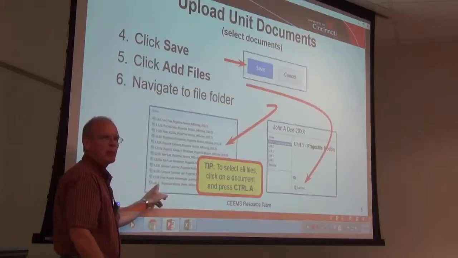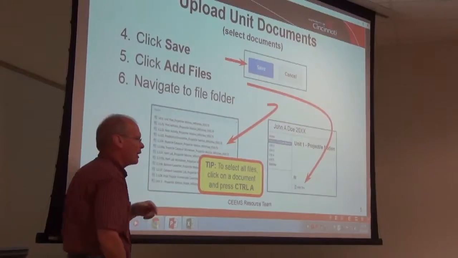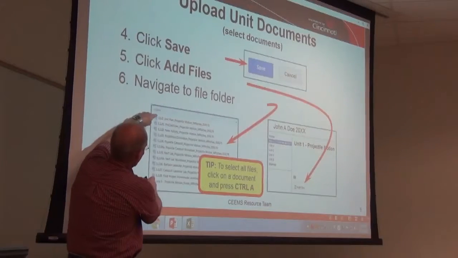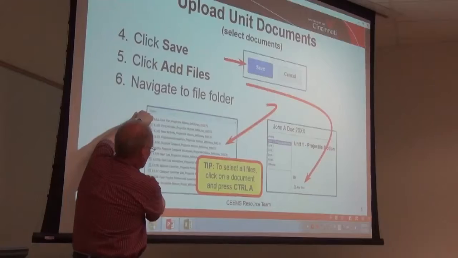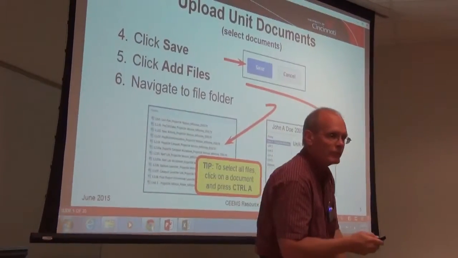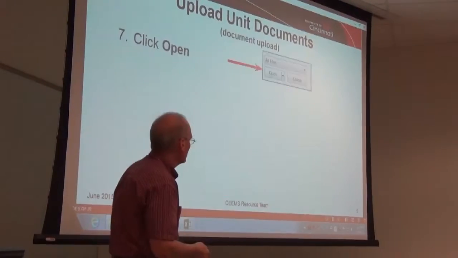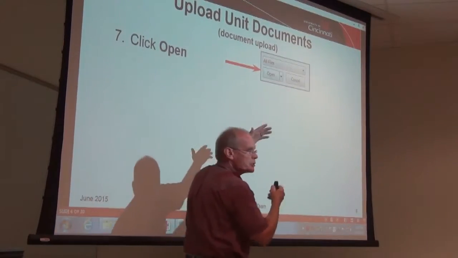Don't upload the unit plan poster document at all, because we're going to change that later. So click the first one, hold down shift and click the last one and then it'll highlight all of them. Okay. And then click on open once you've got them selected.